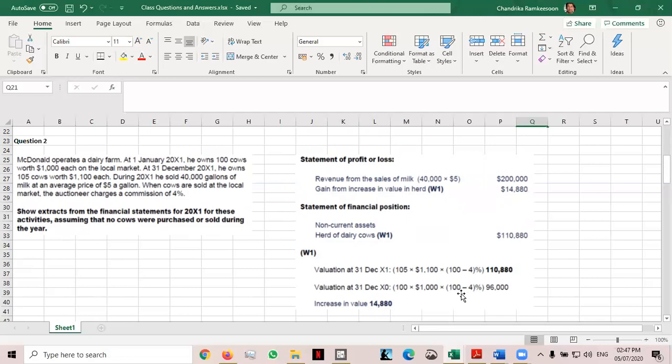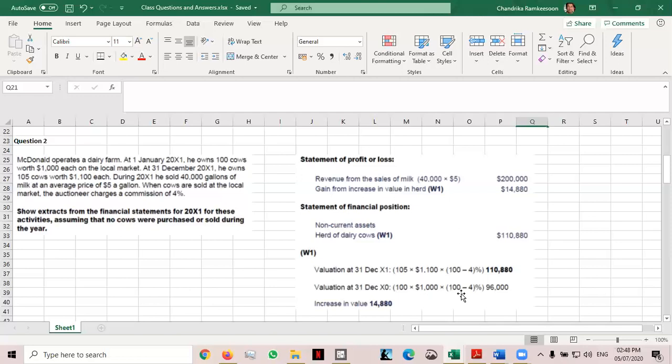Of course, it's $100,000, then multiply by 96%, 96,000. The reason being the value has to be selling price less any further cost to sell. And this is what you see in here. The further cost to sell, you're told that when the cows are in fact sold, there's a commission of 4%. So this has to be taken into account. It's less that. So it's 100,000 less 4,000, 96,000.